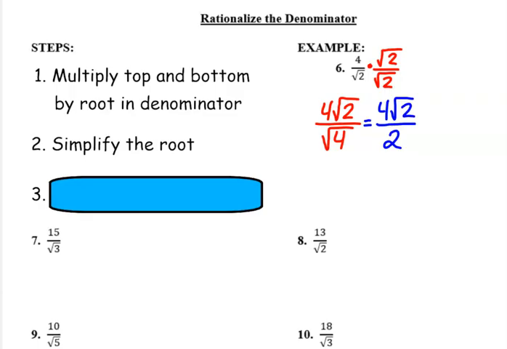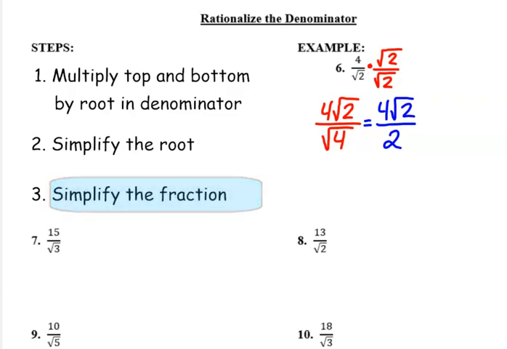Once we have that whole number on the bottom, step 3 says to simplify the fraction. Now that I have a whole number on the bottom, it can simplify with any whole number on the top that is not inside a square root. So when I look at my fraction now, I have the 4 on top that is not inside the square root, and I have the 2 on the bottom.